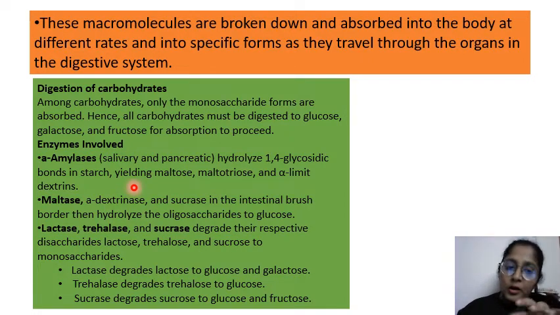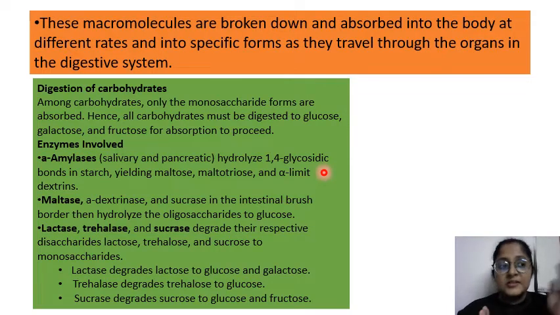All alpha amylases hydrolyze the 1,4 glycosidic bonds. We know that one carbohydrate is attached to another carbohydrate with either a 1,2 glycosidic bond, a 1,4 glycosidic bond, or a 1,6 glycosidic bond. In starch, both 1,4 and 1,6 glycosidic bonds are there.